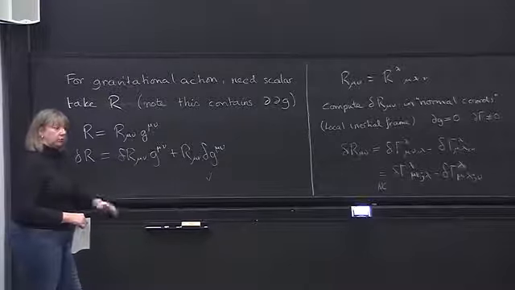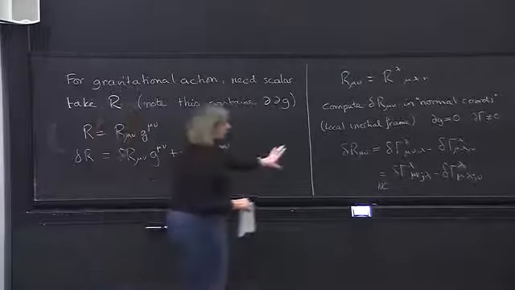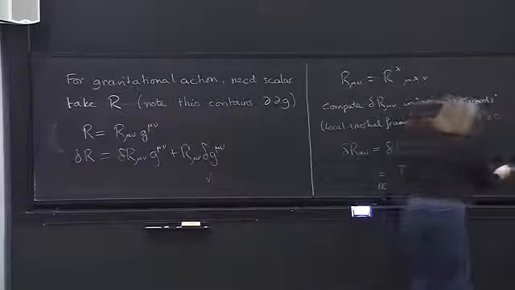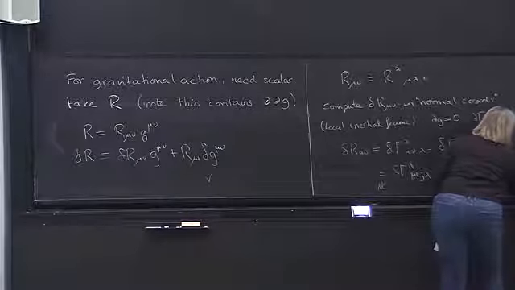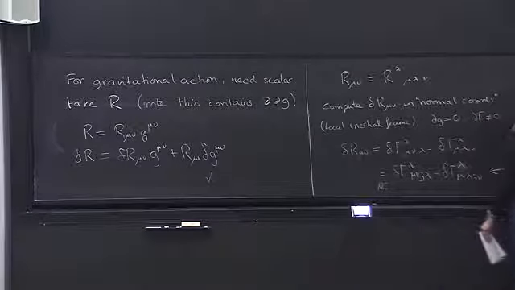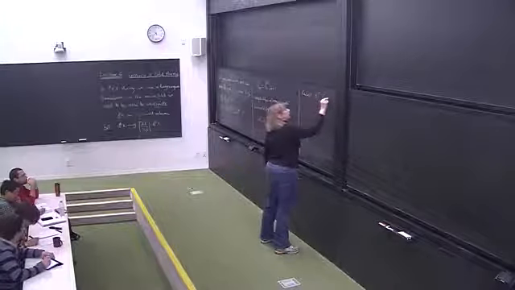So in normal coordinates, grad is equal to partial derivative. But notice this expression is now tensorial, because the difference between two connections is a tensor.